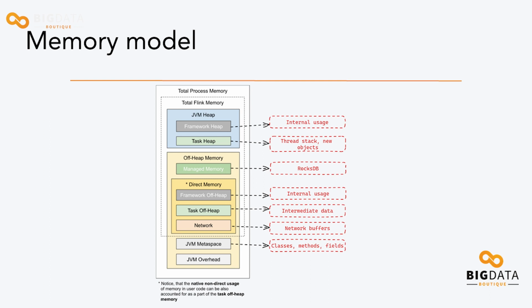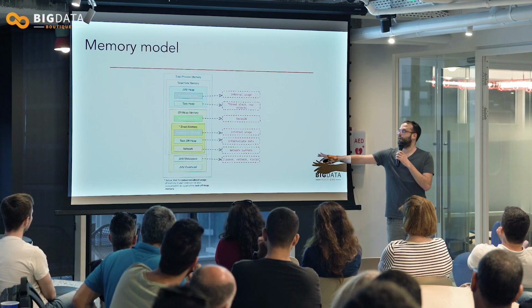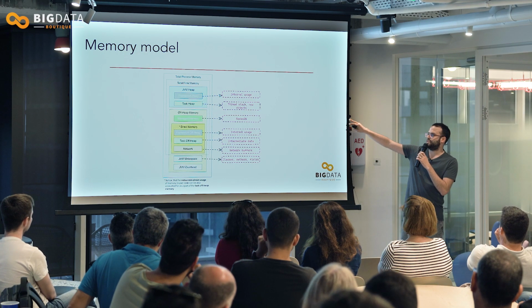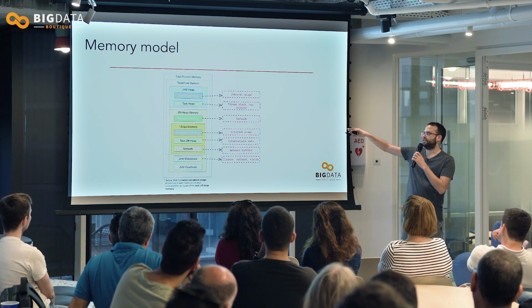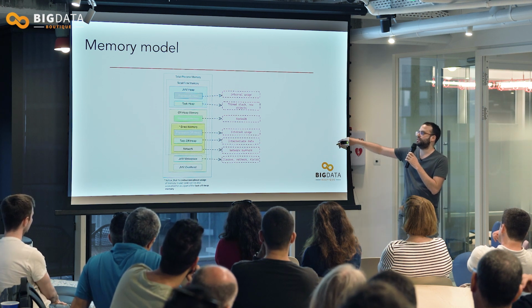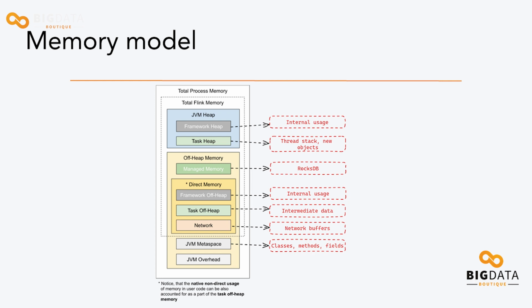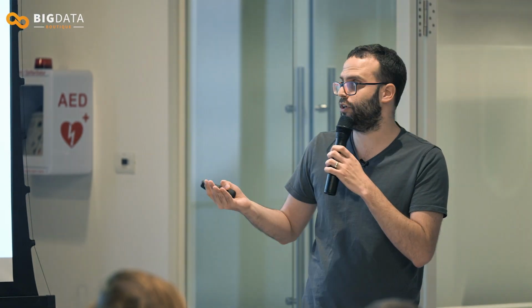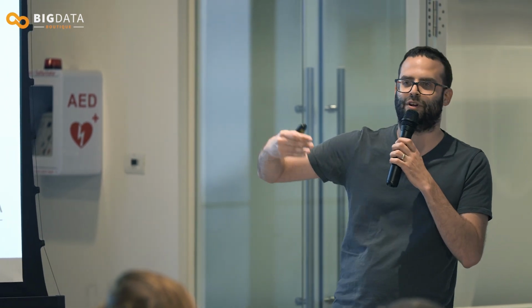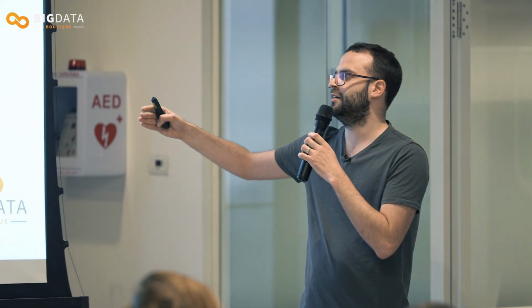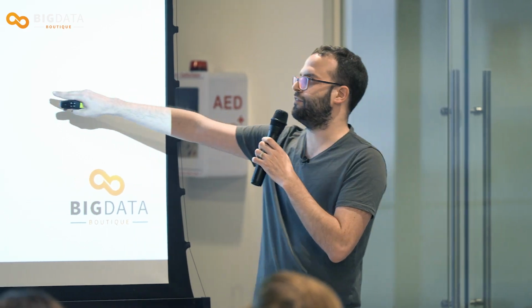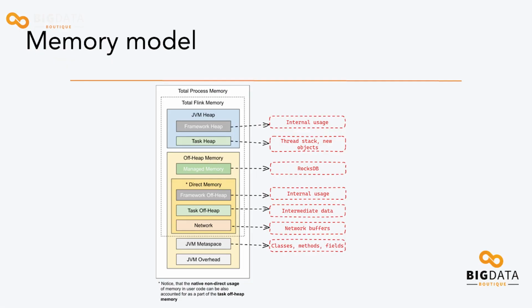And then there's off-heap memory that Flink manages. The main usage of it is going to be for two things. The first is RocksDB. If we're using the embedded RocksDB backend, Flink can manage the memory consumption of RocksDB for you. In this case, you're going to have 40% of your cluster off-heap memory allocated to RocksDB by default.